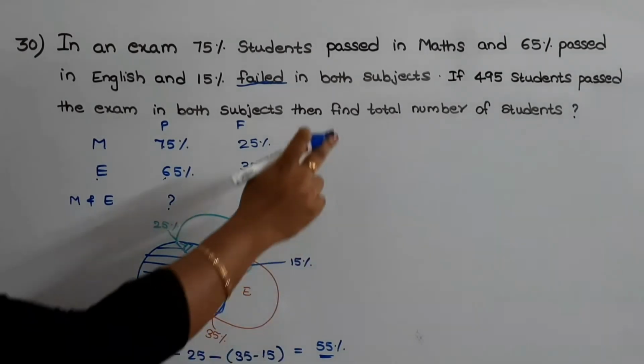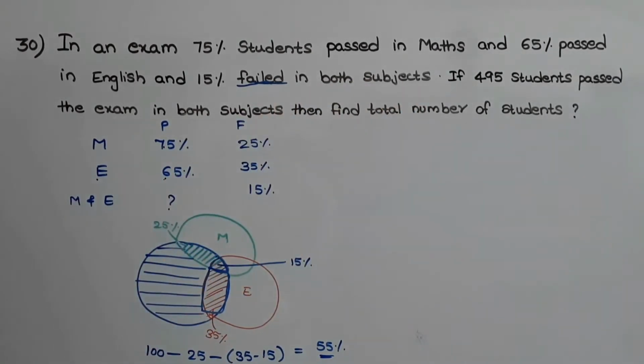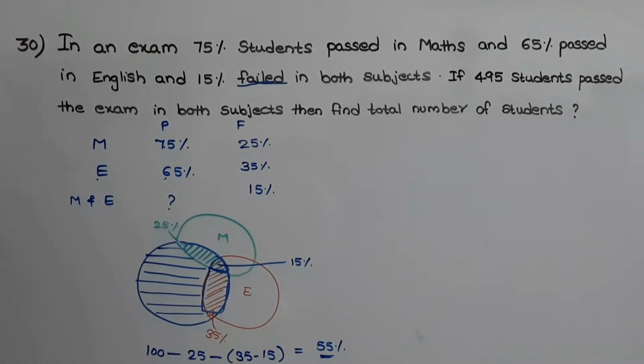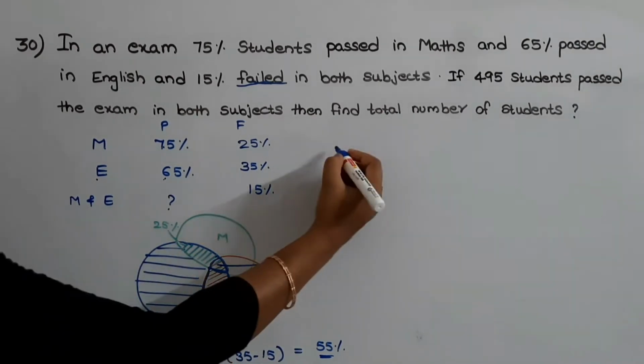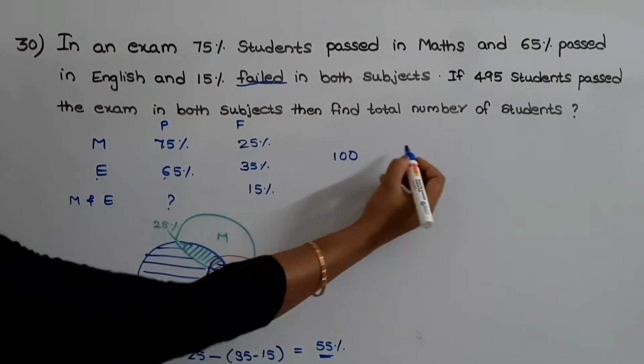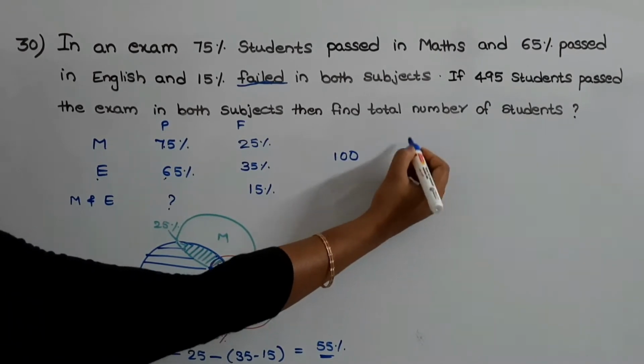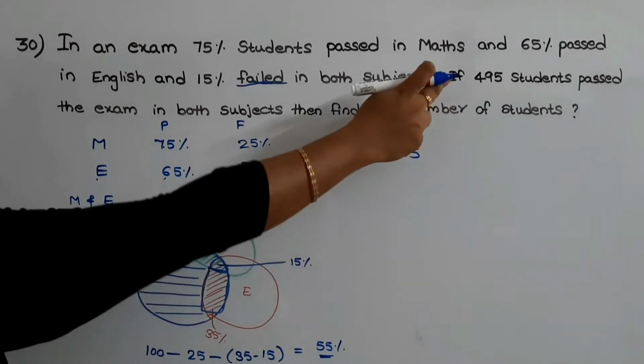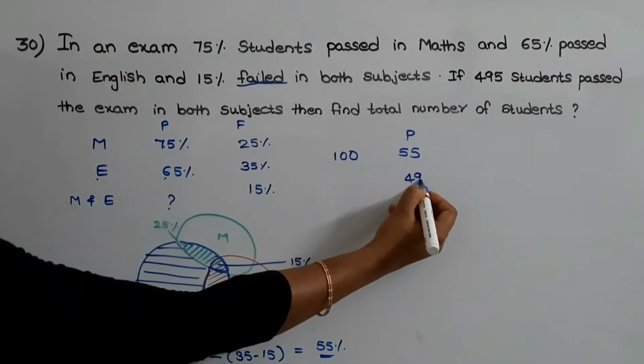Okay. We need to find out the total number of students. So if 55% of the students passed both the subjects, then we can say that when the total number of students is 100, 55 students passed both the subjects. But this value is given in the question as 495.